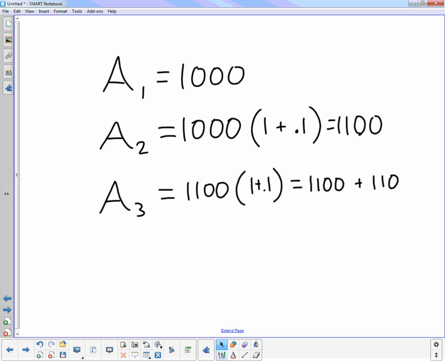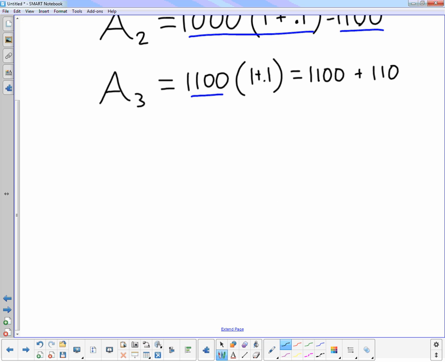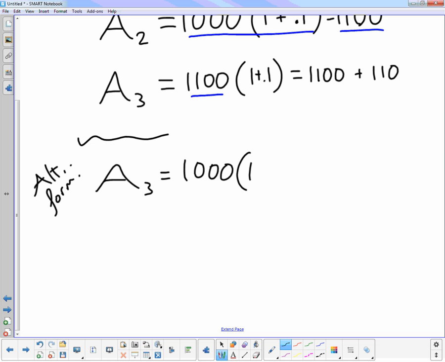Let's say, hey, look, that 1,100 was this, which was this. So now what we can do is we can kind of do a little substitution here. So there's the 1,100.